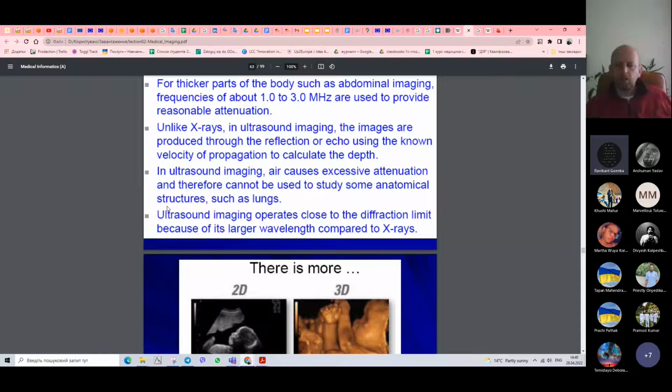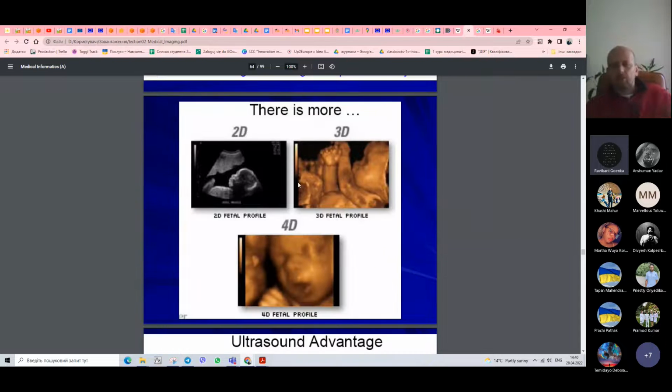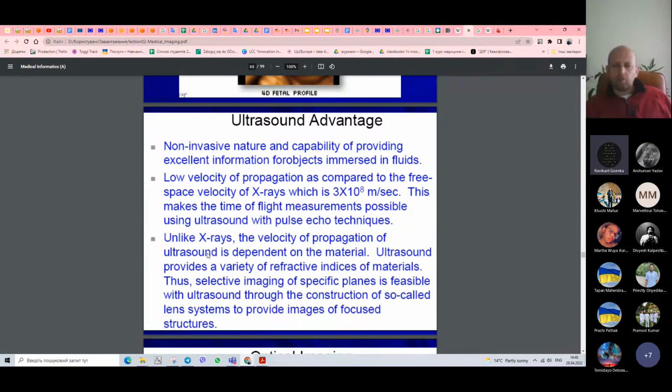Now in these pictures you can find different kinds of ultrasound, for example 2D, 3D, and 4D. This means a dynamical process in time is available. It has a non-invasive nature and the capability of providing excellent information for objects immersed in fluids.